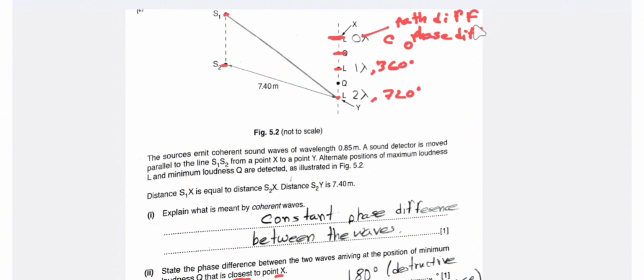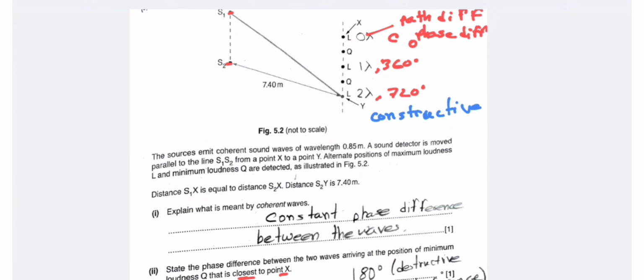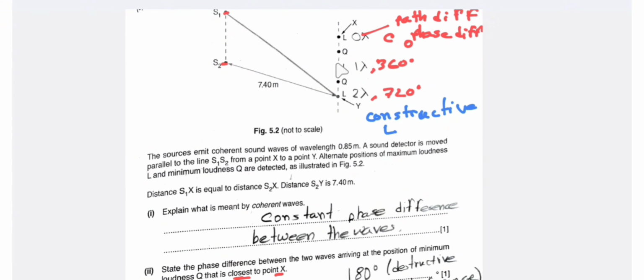Here constructive interference occurs, and due to this constructive interference, maximum amplitudes are produced. For quiet sound, destructive interference occurs.